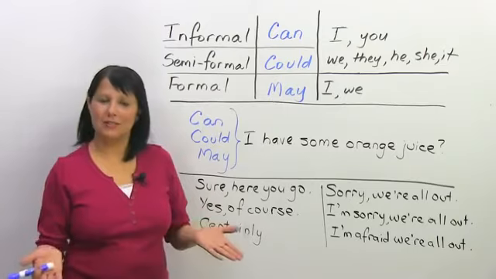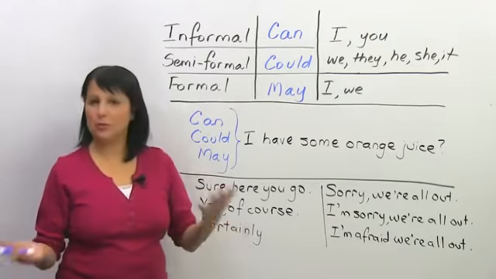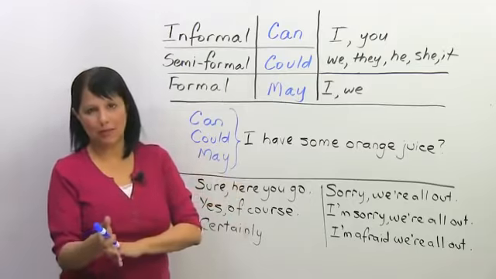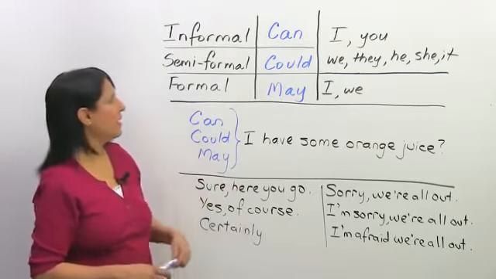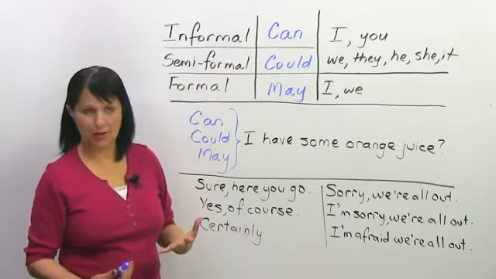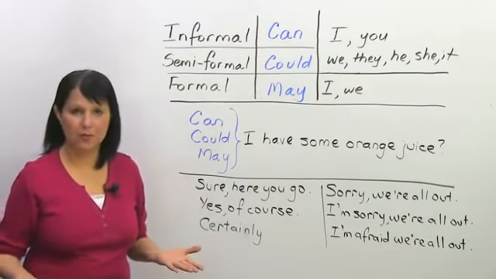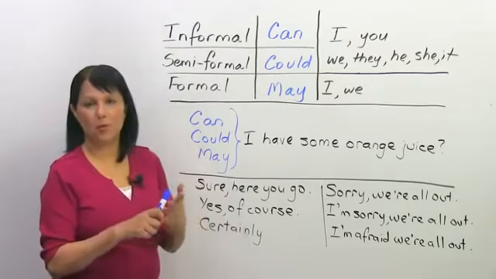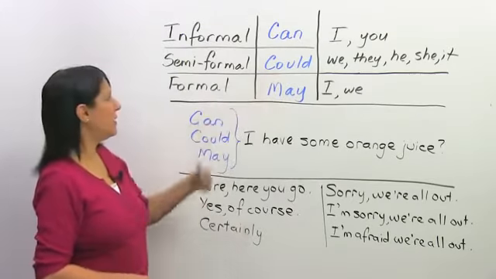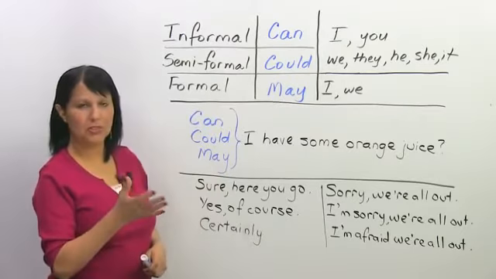Now, of course, you've heard those words before, and I'm sure you use them as well, but let's be really sure when to use which one. It's very easy. We use can in more informal situations. What do I mean by informal? For example, with your family or friends. We use could in more semi-formal situations.